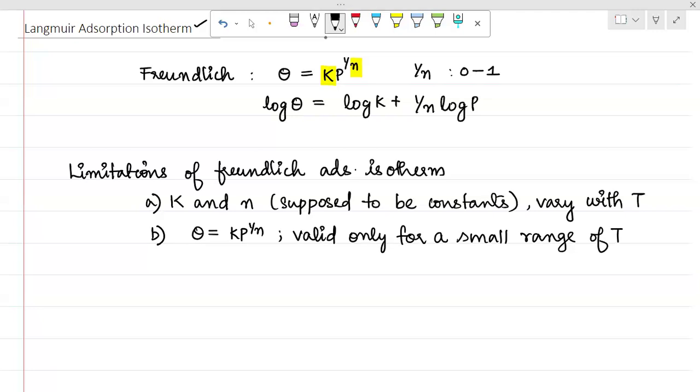So whatever equations we got from the Freundlich adsorption isotherm were derived based on certain experimental observations, and because of that it had some limitations, and the two limitations are listed over here. Therefore, there was a need for another type of adsorption isotherm that would overcome the limitations of the Freundlich adsorption isotherm.